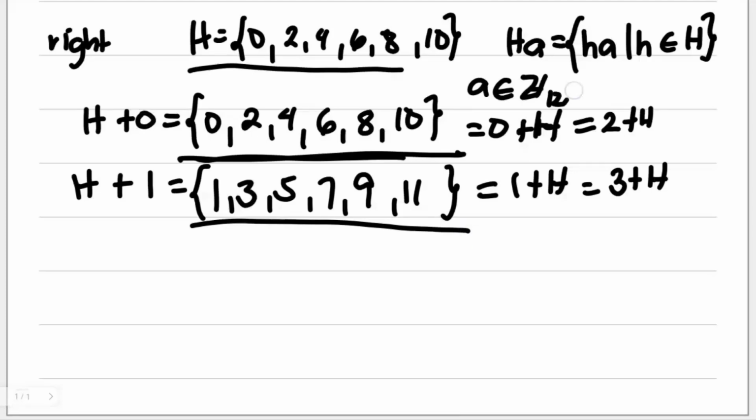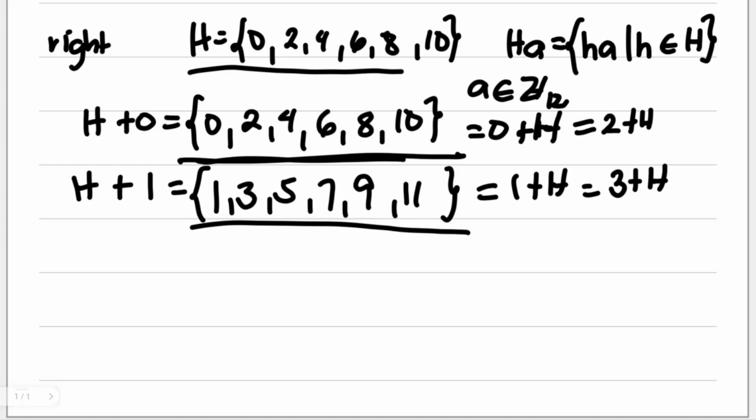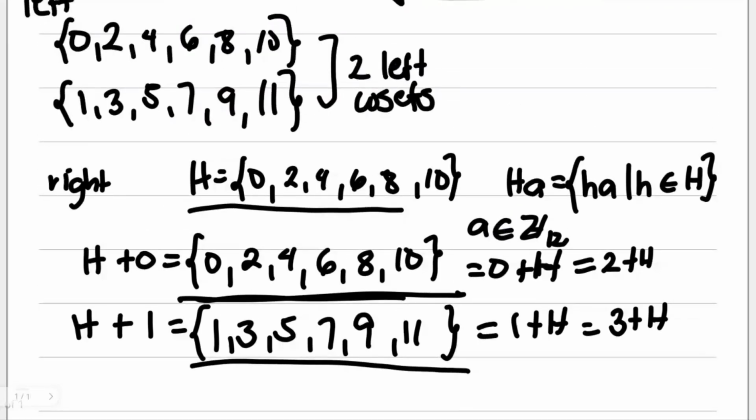I'm going to label this as our right cosets. This is our two right cosets. As you can see here, we have the first and second. We have the same left and right cosets because again, this group Z12 is abelian, or we have the property of commutativity.